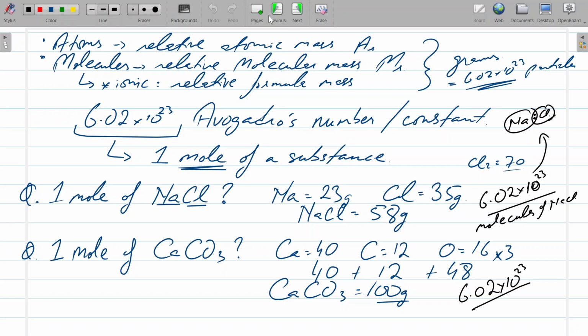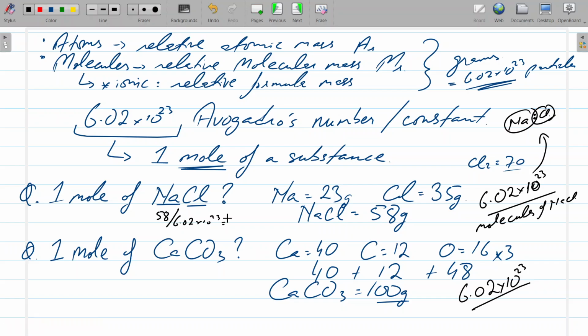So for example, let's calculate the mass of one molecule of sodium chloride. So let's do 58 divided by 6.02 into 10 to the power 23. What is the mass of one molecule of sodium chloride? One molecule, not mole.